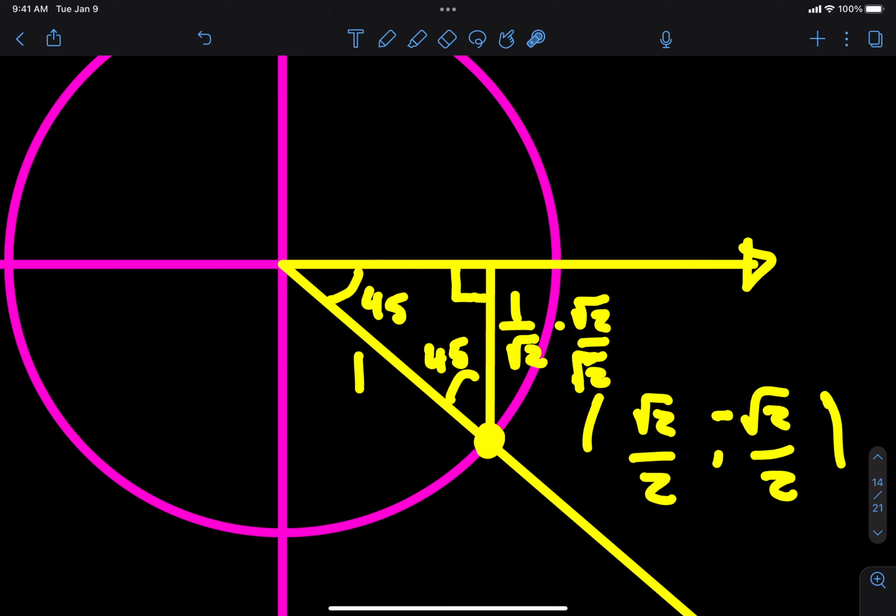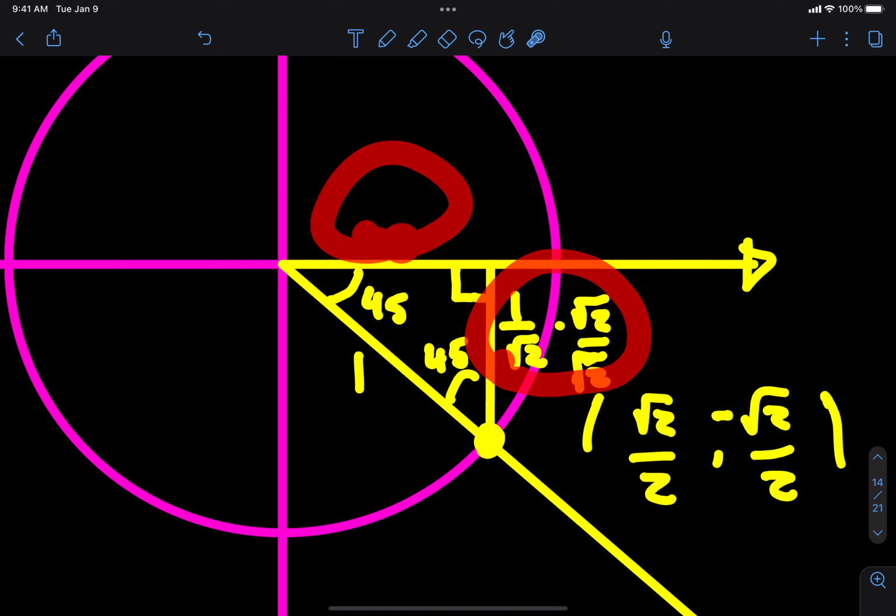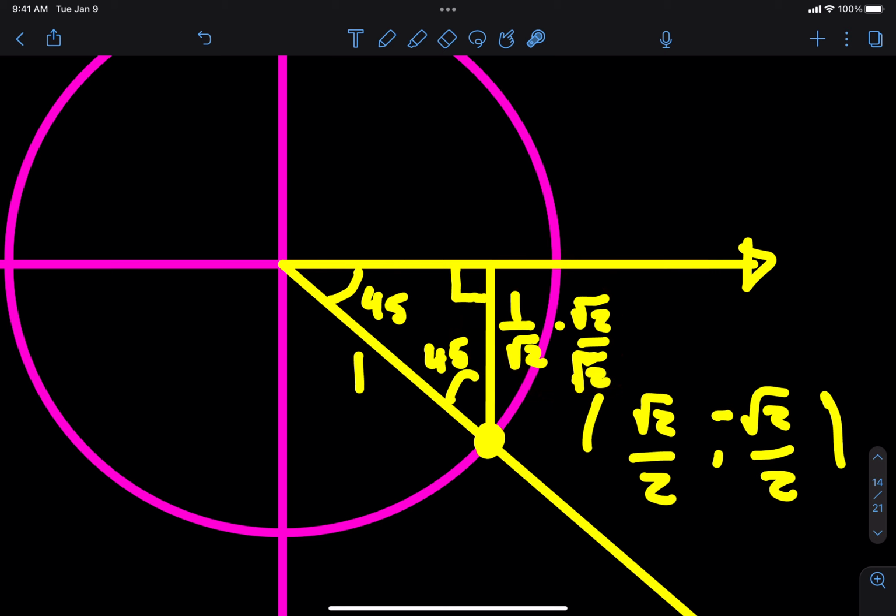So I only needed to solve for this side of the triangle because I know that the other side is going to be the same as that one. Does that answer your question? Okay, any other questions on this one?